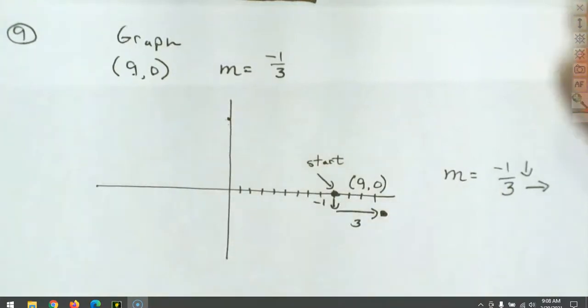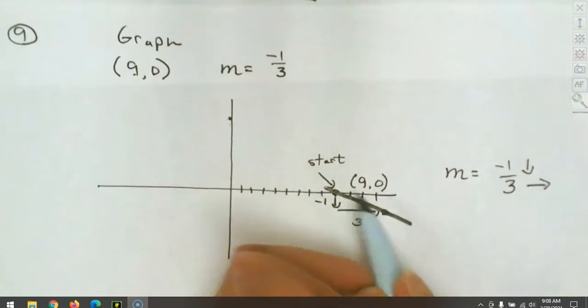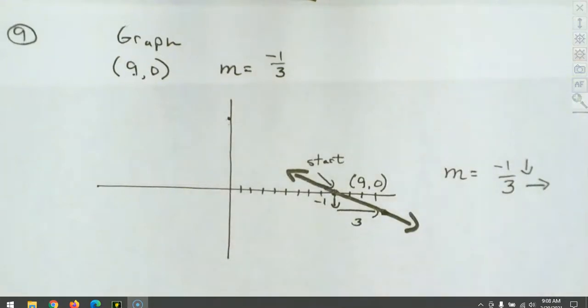We went down 1, and we went over 3. And now we can connect these together. So all you need to do is plot your point first, and then go down 1 from that point and over to the right 3. Always move to the right, never to the left.